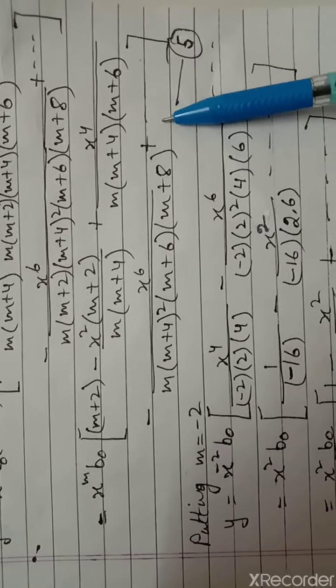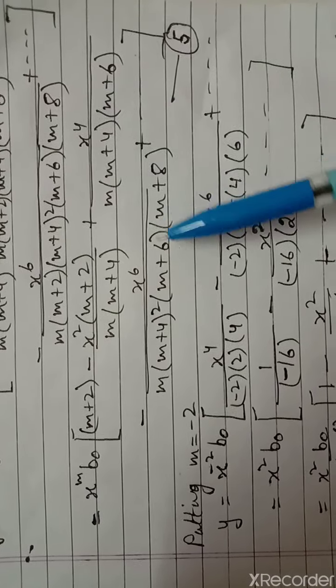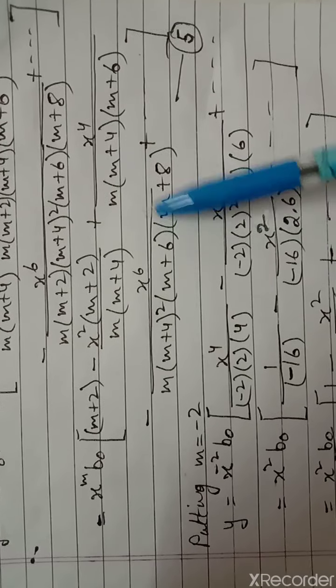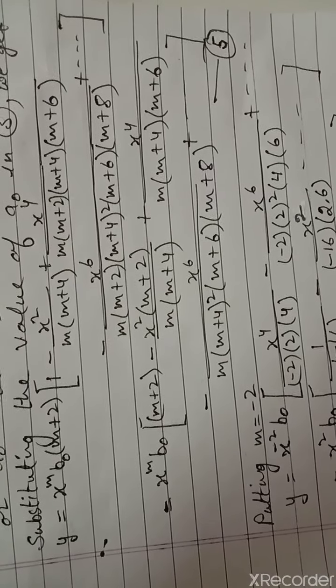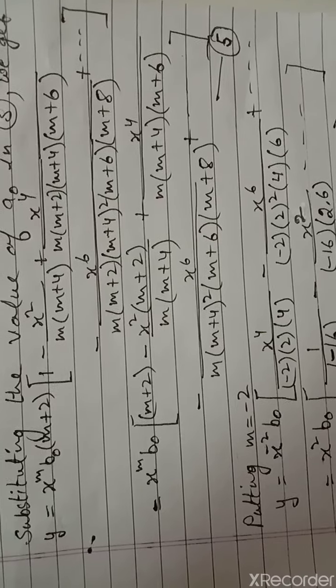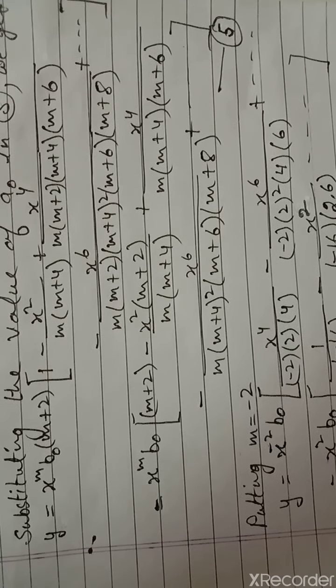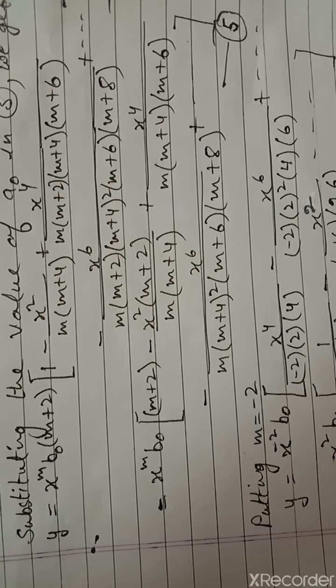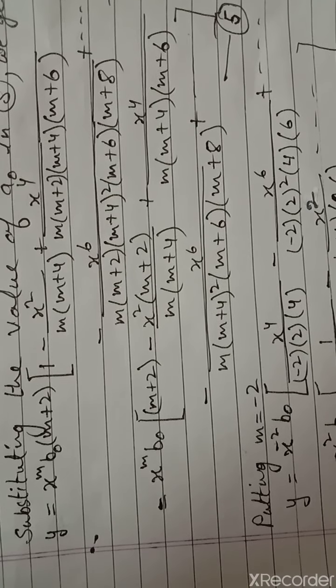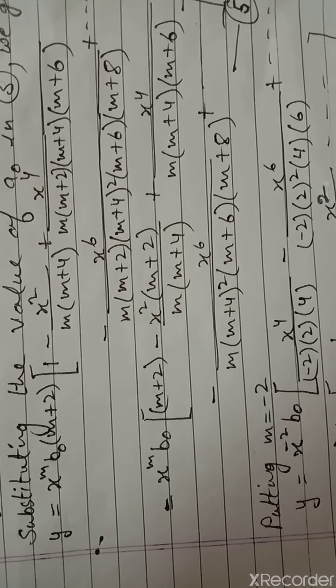This is the basic benefit, because the terms that were becoming infinite because of the denominator factor m plus 2 no longer have that factor.